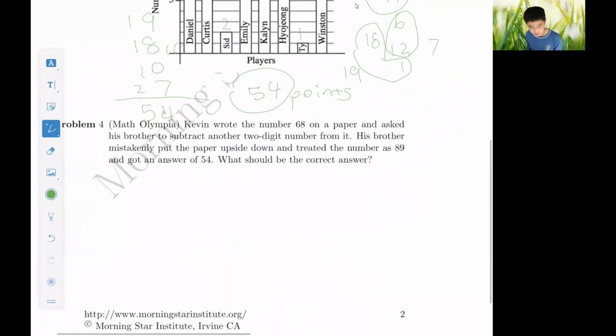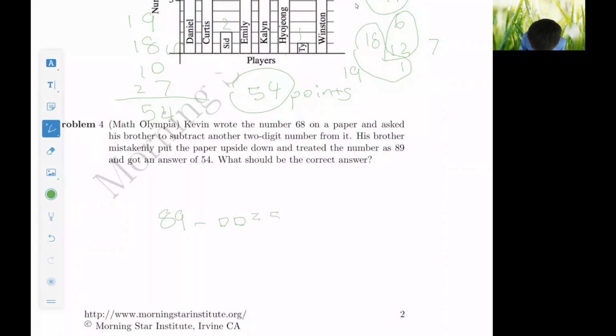Problem number 4, Kevin wrote the number 68 on a paper and asked his brother to subtract another two-digit number from it. His brother mistakenly put the paper upside down and treated the number as 89 and got an answer of 54. What should be the correct answer? 89 minus a two-digit number.